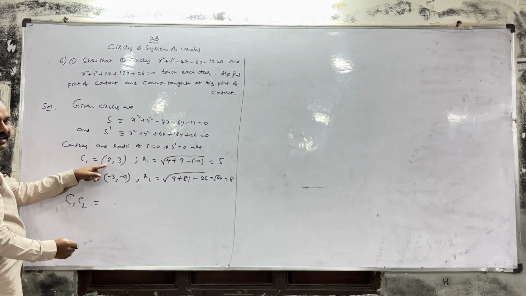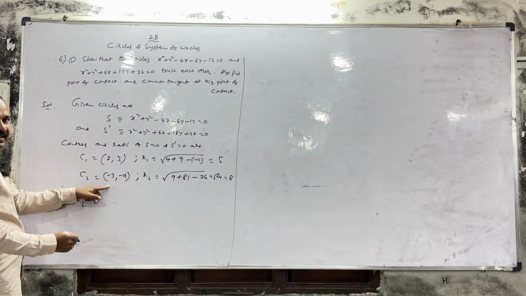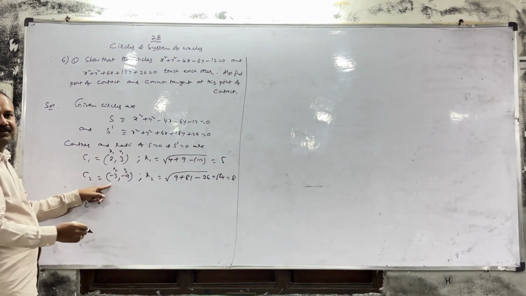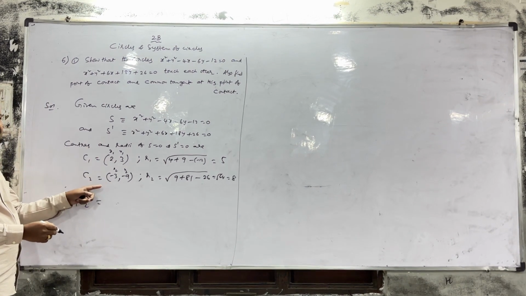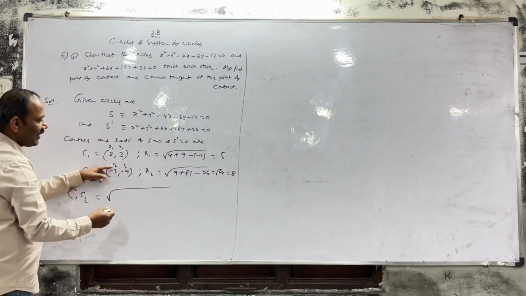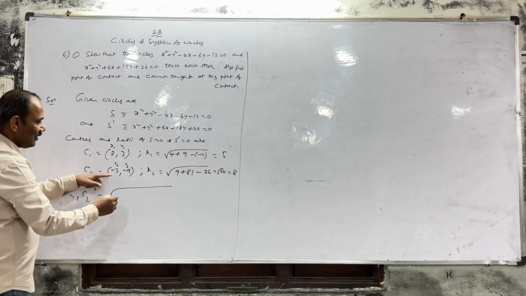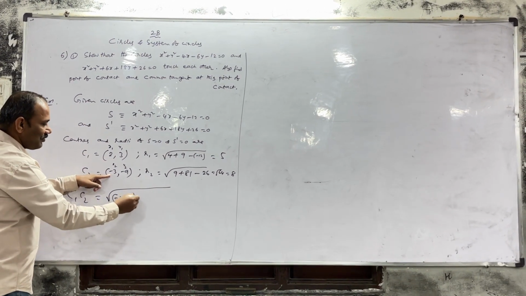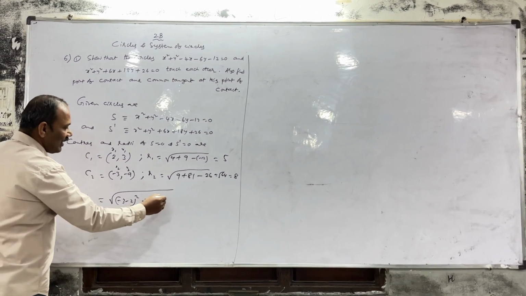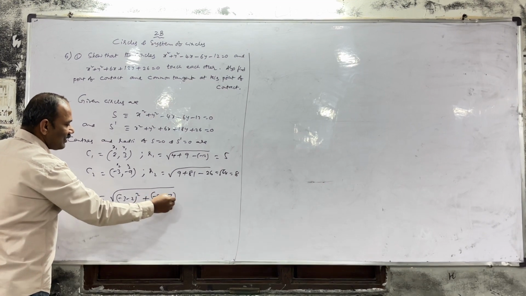Now find the distance between the two centers. Suppose the first center is x1, y1 and the second center is x2, y2. The distance between these two centers is the square root of x2 minus x1 whole square plus y2 minus y1 whole square. That is minus 3 minus 2 whole square plus minus 9 minus 3 whole square.